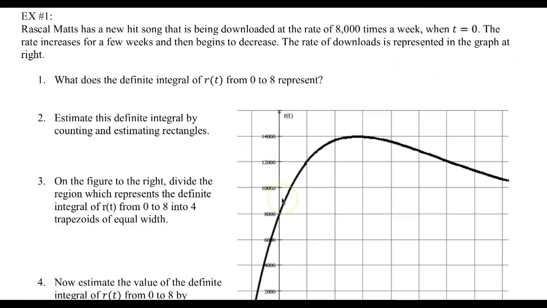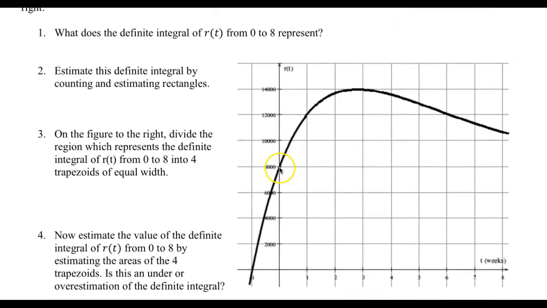So what does this integral represent? From 0 to 8, what does this integral represent? I want you to think about that. From 0 to 8 weeks, what does the area underneath this actually tell us? It tells us the total number of downloads of that song over those particular 8 weeks.